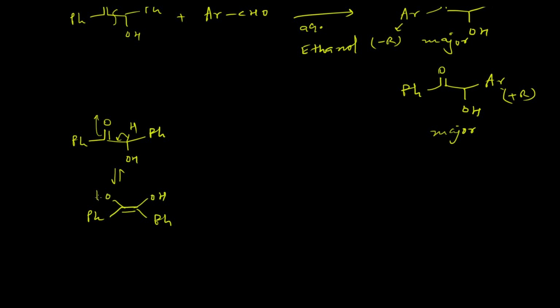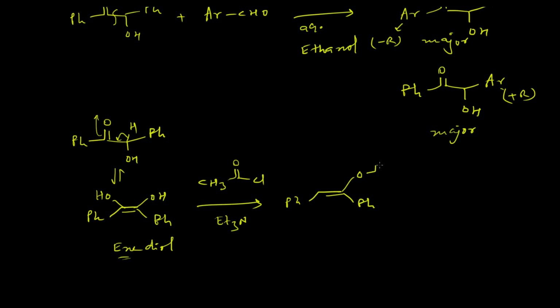This particular species is called enediol. The ene is due to the presence of this double bond, and diol is due to the presence of these two hydroxyl groups. If we then perform the acetylation reaction by reacting it with acetyl chloride in presence of triethylamine as a base, then we can acetylate these two OH groups simultaneously, and it will result in the formation of this particular product.